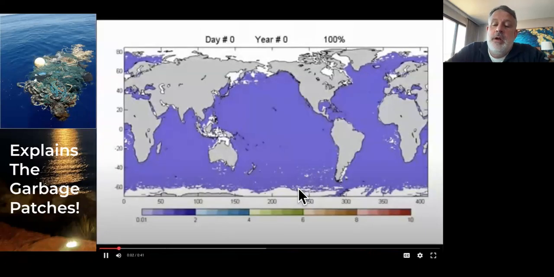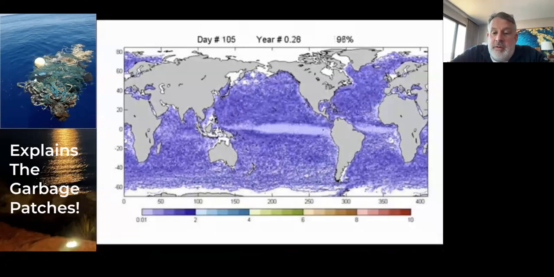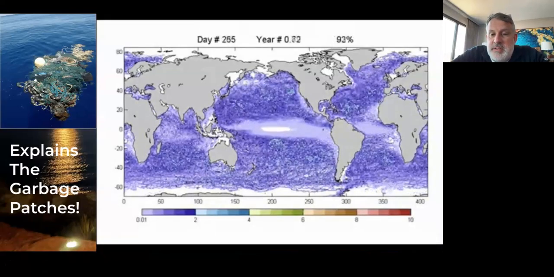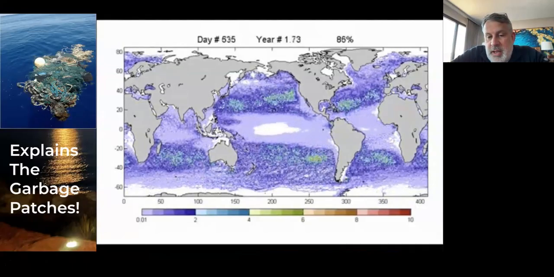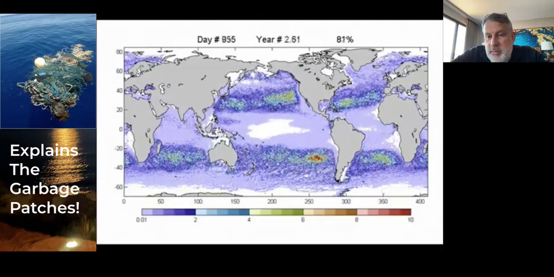Let's watch it again. They move and converge into the garbage patch regions, which are the subtropical convergences. So now see, we have the subtropical convergences all highlighted. That's where the buoys are going first, into all 5 of them.